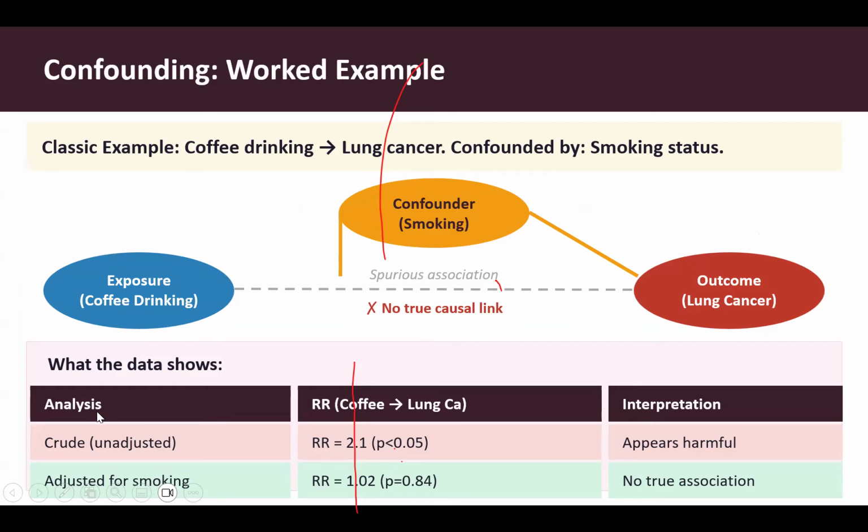So the data can show that the crude or unadjusted risk ratio is 2.1, positively associated with a significant p-value. And the interpretation is that it appears harmful. But when we adjust for smoking in the statistical analysis, the risk ratio comes out to be 1.02, which is not a true association. And the p-value is also not significant.